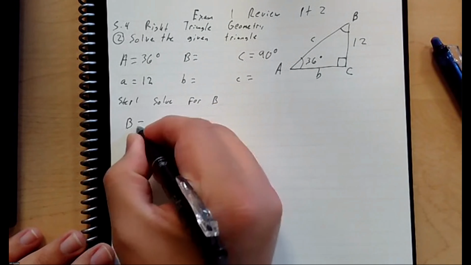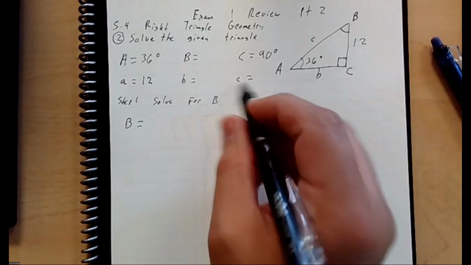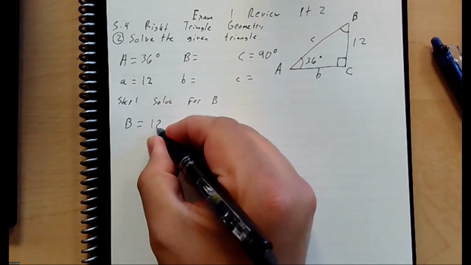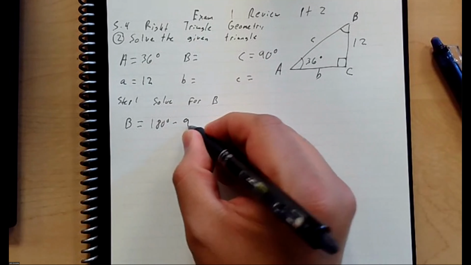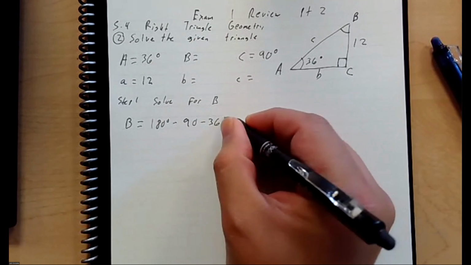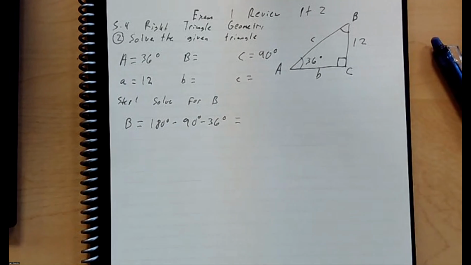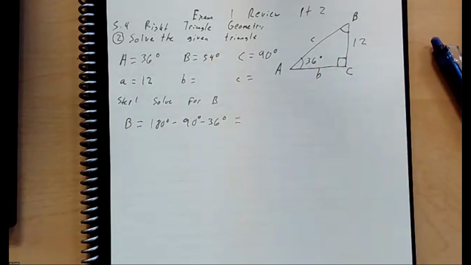You have the given angle, that's the 90, and then if we subtract these two from 180, we will have capital B. What's capital B? 54. 54. Okay.